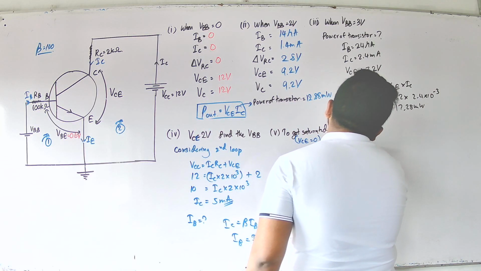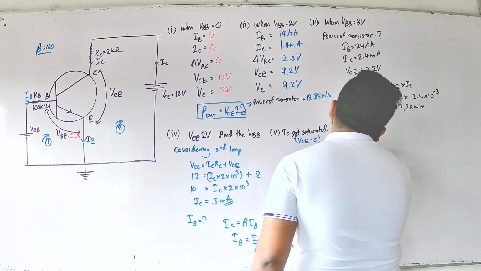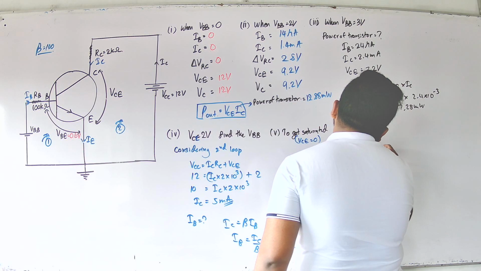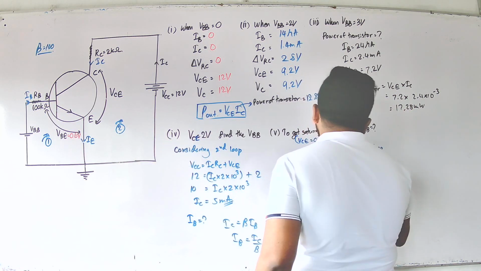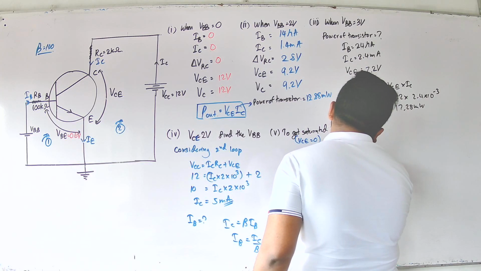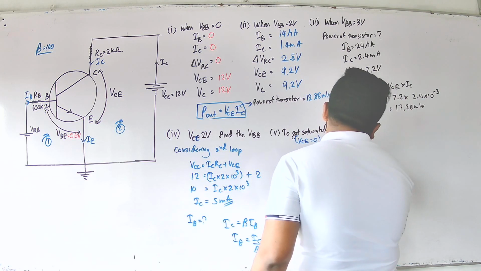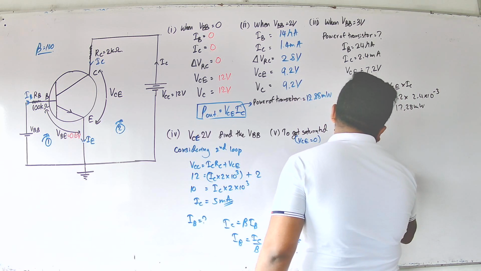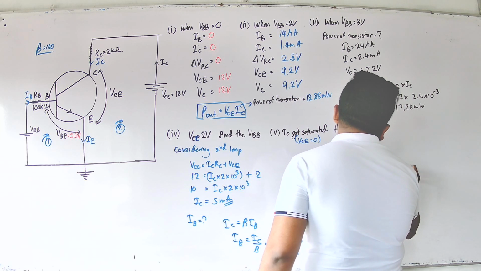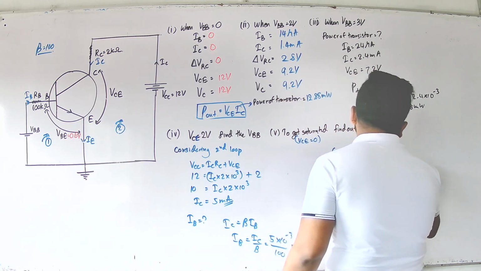Then considering the first loop, sigma E equals sigma IR. Sigma E means VBB. Sigma IR means IBRB plus VBE.